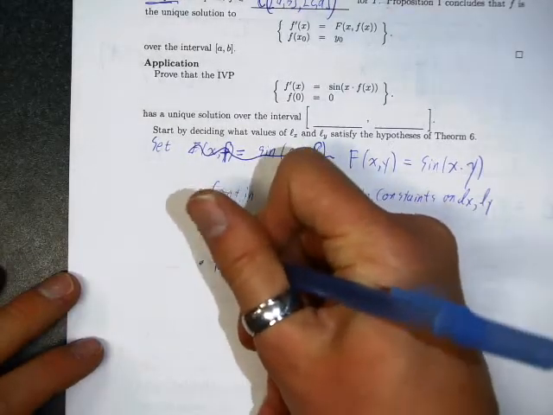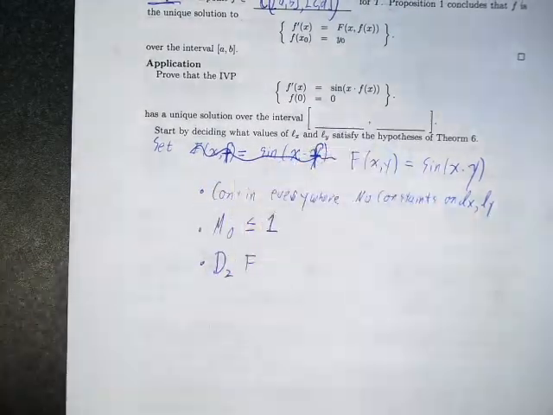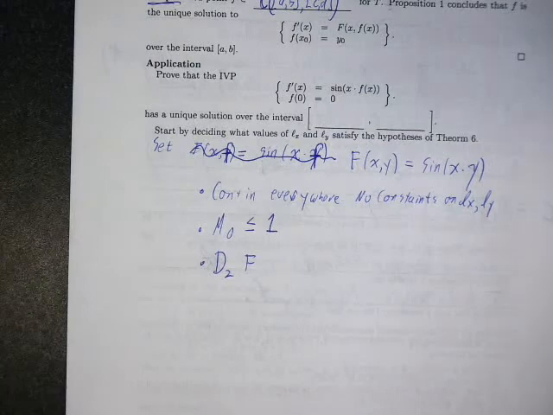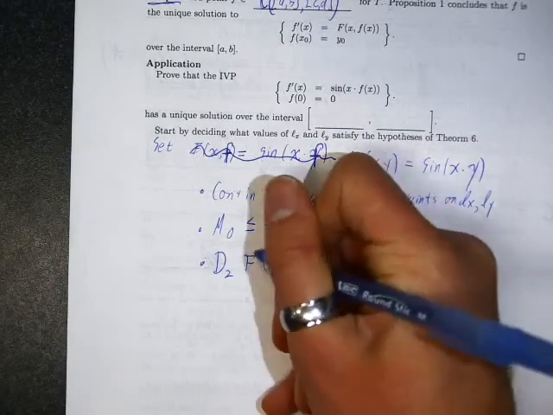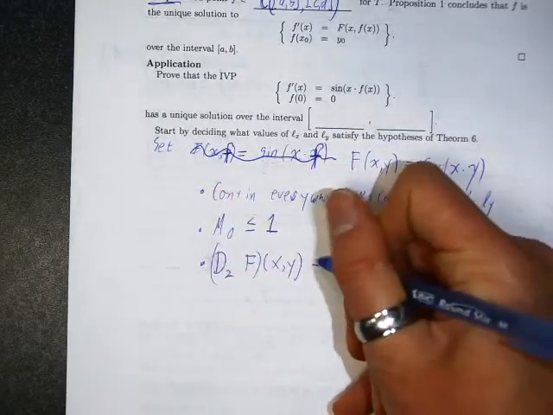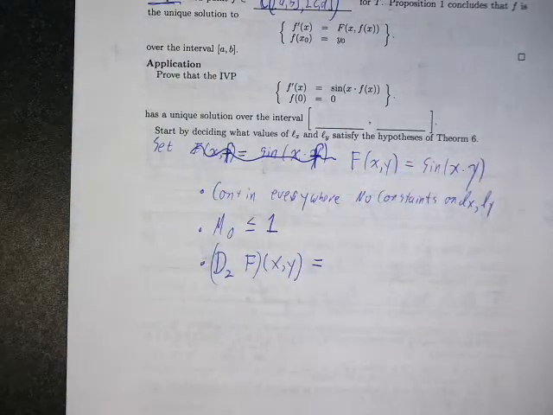So what do you get when you take the derivative of that function with respect to its second input? Cosine of x times y times y prime.